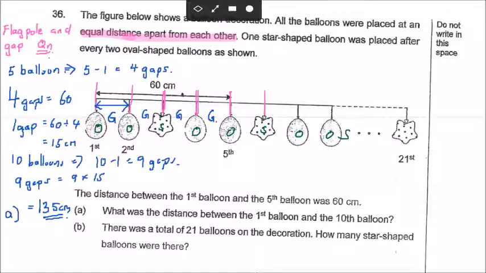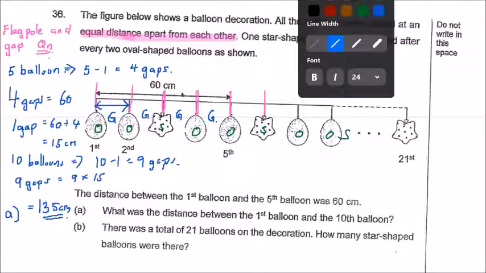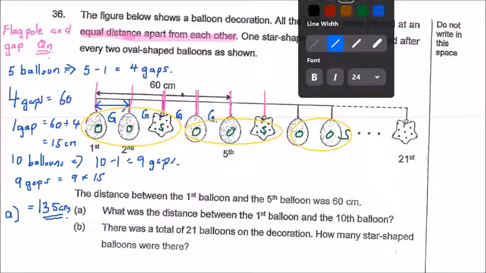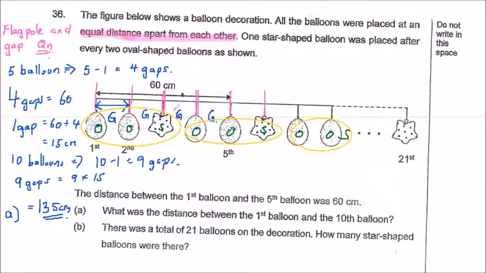So we can actually group them. Like for example, O O star is one group. Then after that the pattern will repeat. O O star, another group. So how many balloons are there in one group? They are all together 3 balloons in one group.